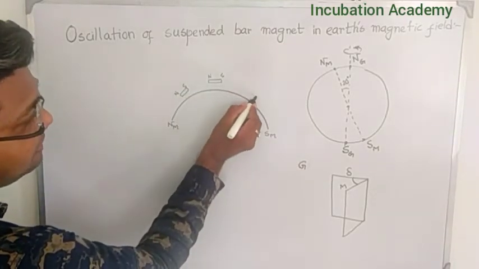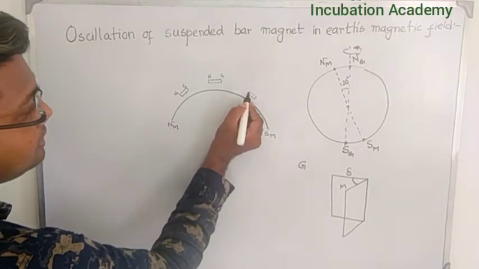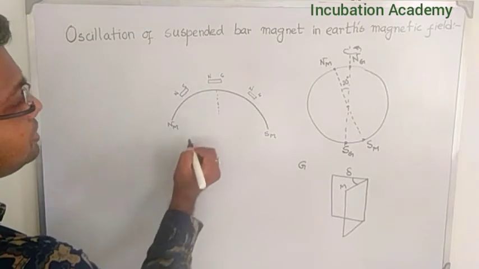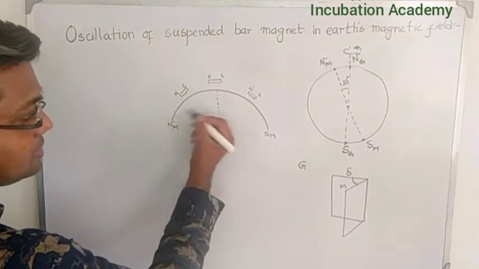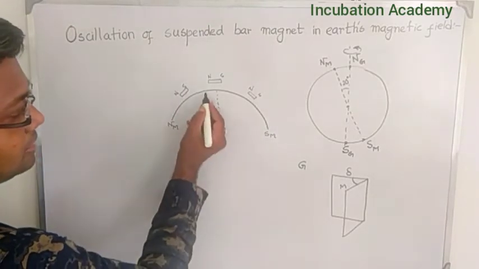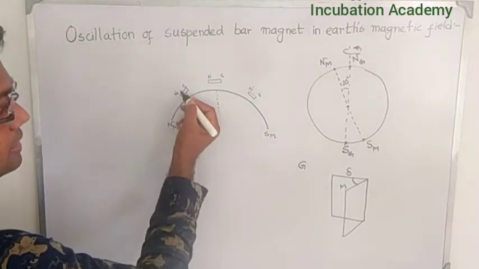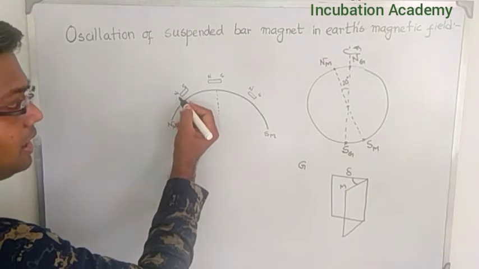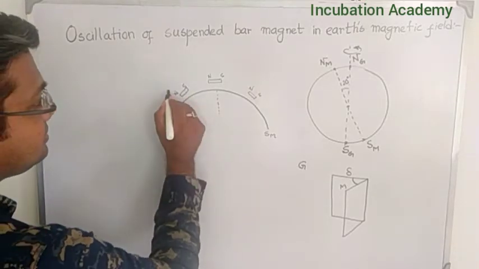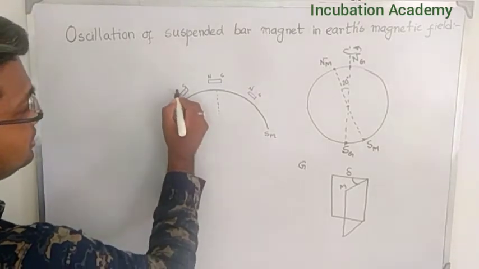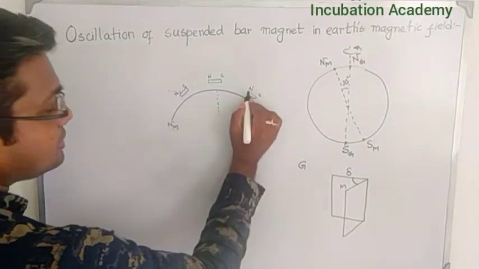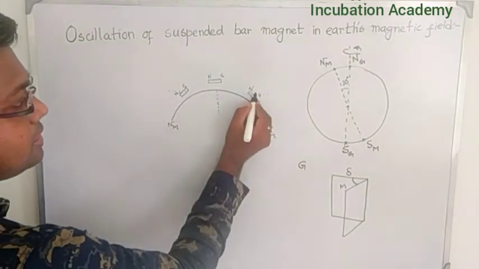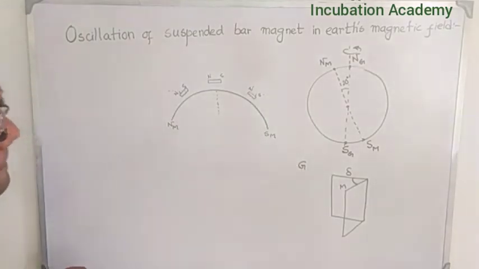This is the equatorial line, this is the northern hemisphere, this is the southern hemisphere. In the northern hemisphere, if you place a magnet, the north pole of that magnet will be slightly inclined to the horizontal. Similarly, in the southern hemisphere, the south pole is slightly inclined to the horizontal.